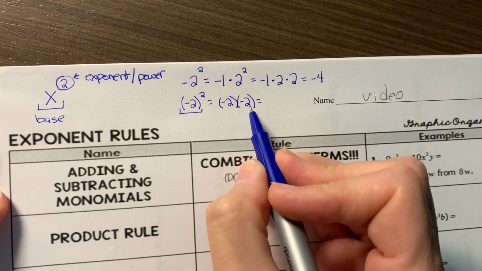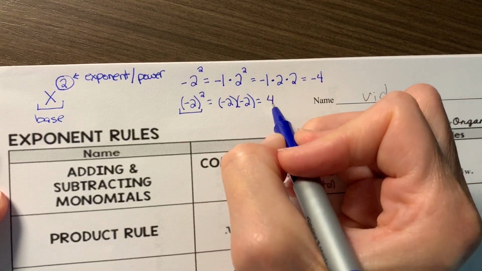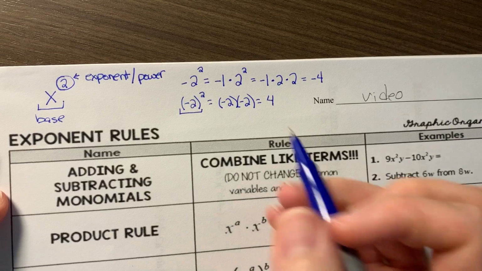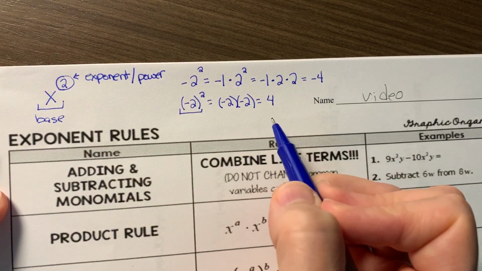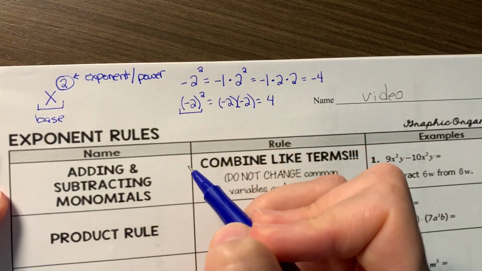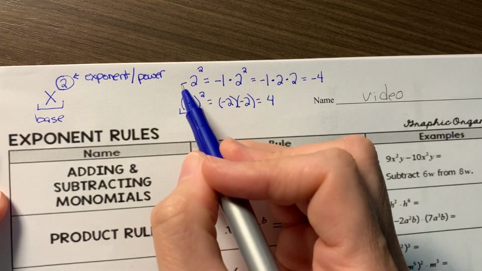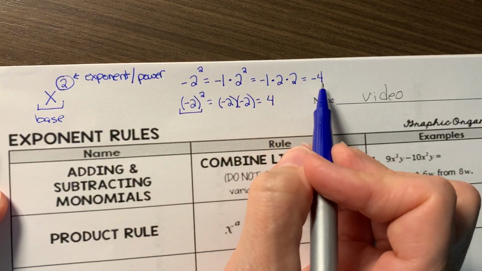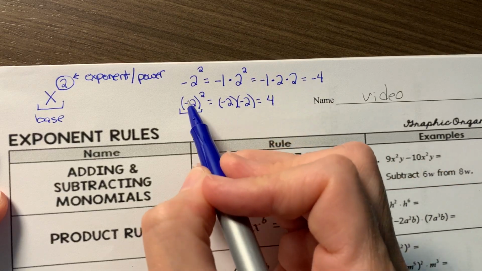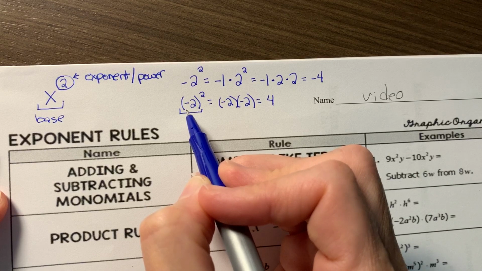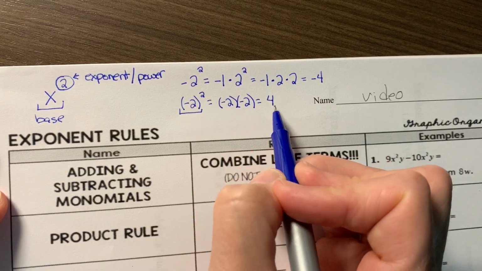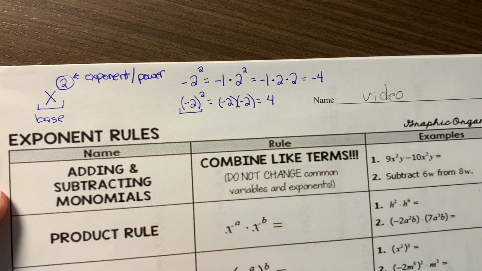Negative times a negative is a positive, so this is +4. So you'll see these look similar, completely different answers. So be aware of that. Okay, negative out in front with no parentheses, your answer is going to be negative. Negative base wrapped up in parentheses, your answer may be positive, may be negative.